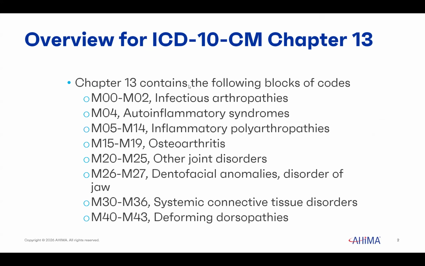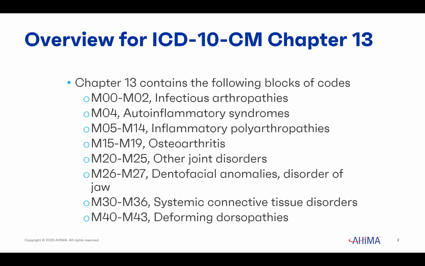And again, what we want you to walk away with after watching these lectures is to look at how the chapter's organized, read the notes, meaning the notes in the tabular, and how seventh characters work, especially with pathologic and stress fractures. And by understanding all this, I think it will make your coding easier.